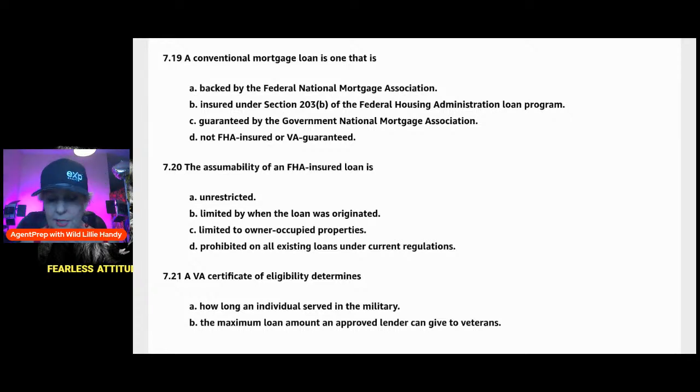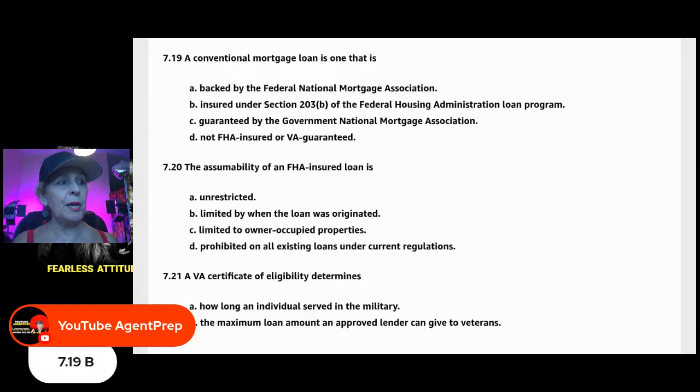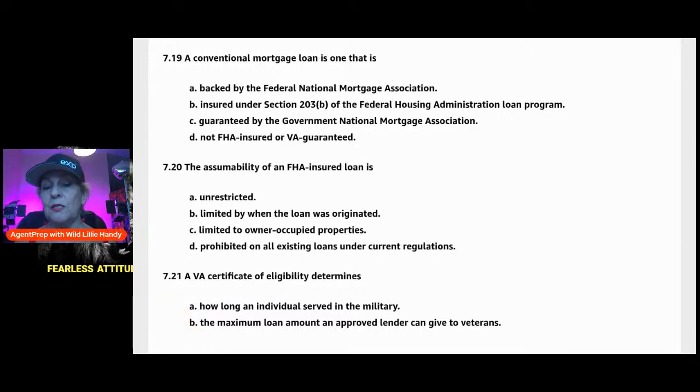So there are assumable loans, so it depends. Okay, so far I have a B. Oh, I already typed the answer in. Okay, so I didn't give you enough time. So yes, the answer is B, limited by when the loan was originated.